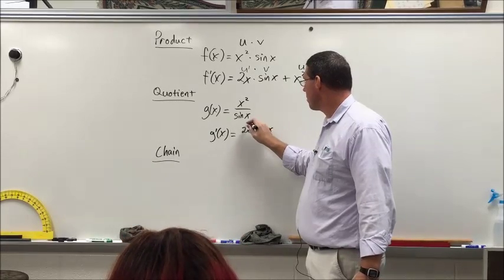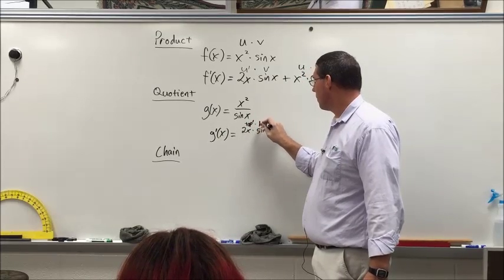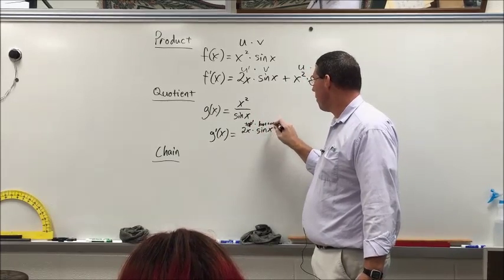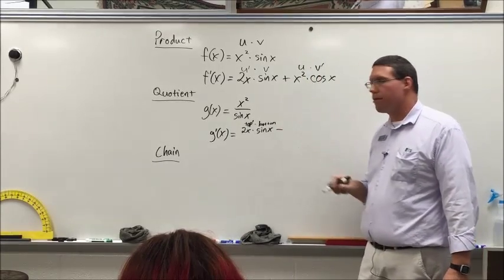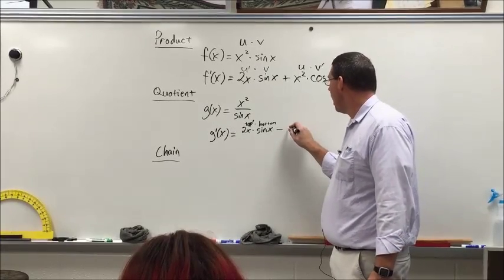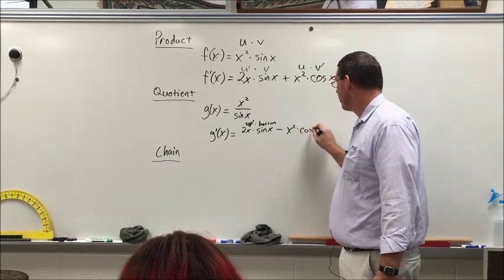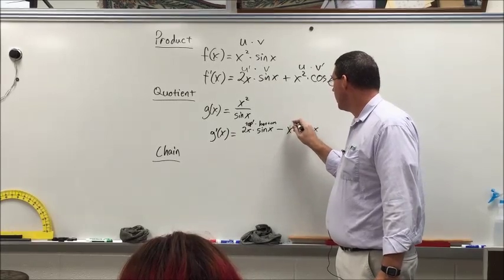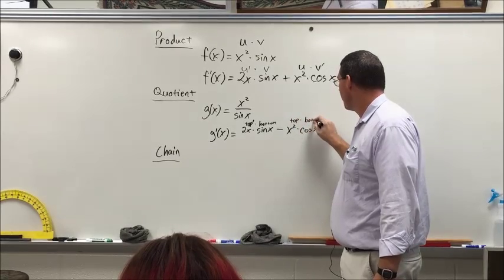Okay, so it's top prime times bottom. All right, so on that first part, the bottom is not the derivative. Minus, because minus is usually associated with division, right? Minus the top, x squared, times the derivative of the bottom, cosine of x. So minus top times bottom prime.